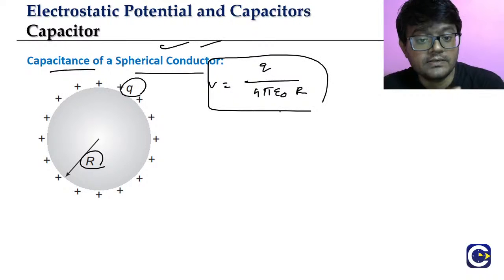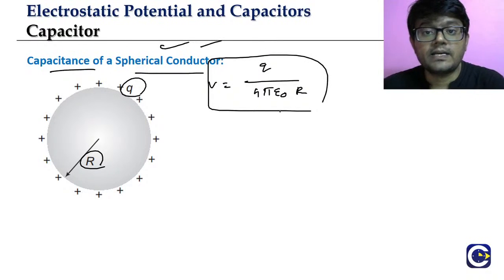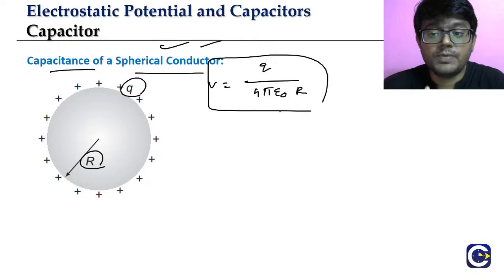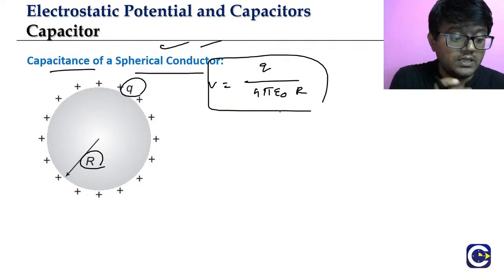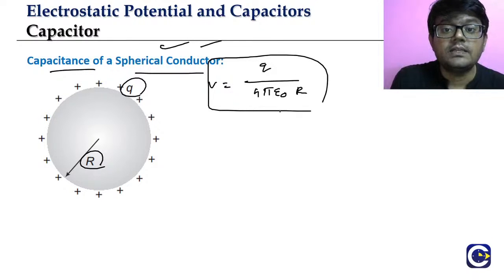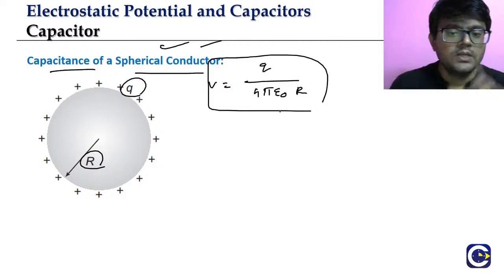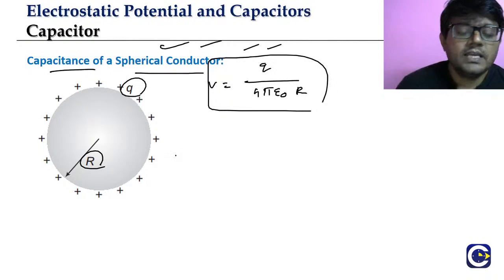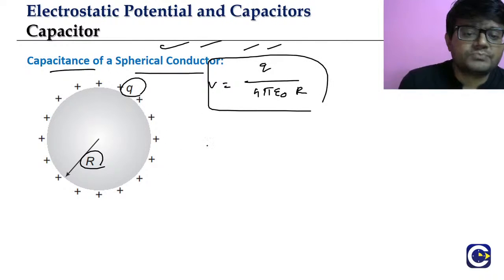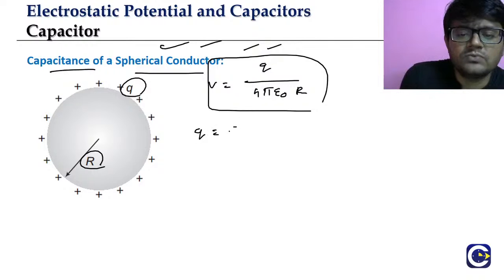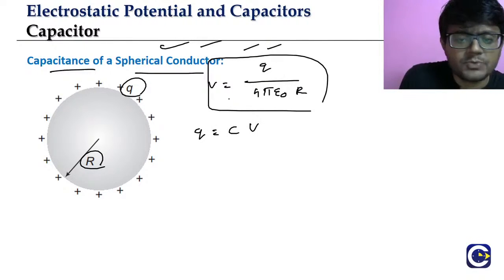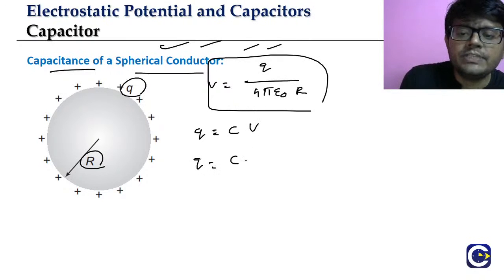These formulas, the potential and field formulas for a spherical conductor or spherical shell, are important to remember. Now the relation between charge and potential gives the capacitance: q is equal to C into V, so q is equal to C times q by 4 pi epsilon naught into r.